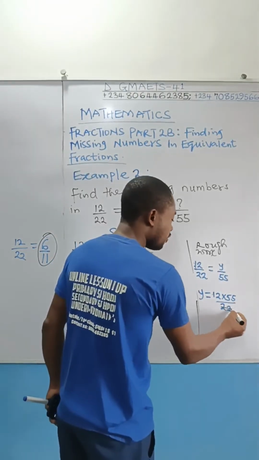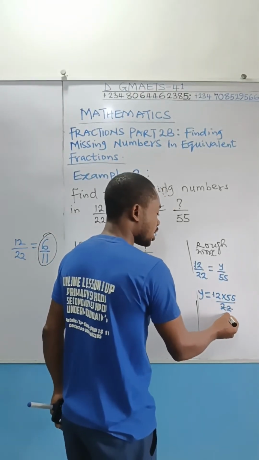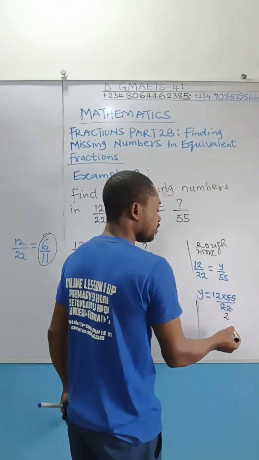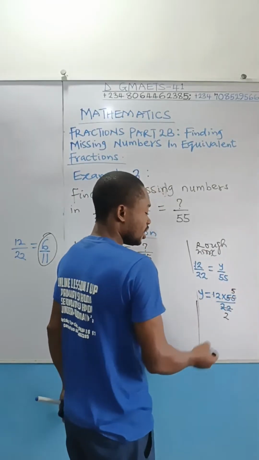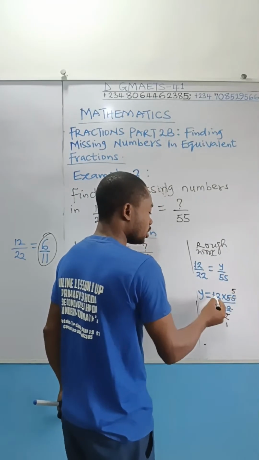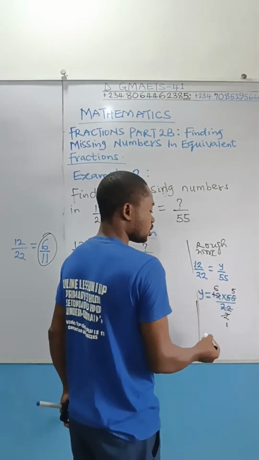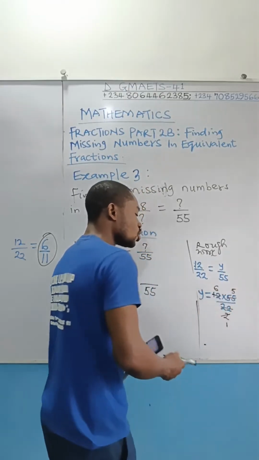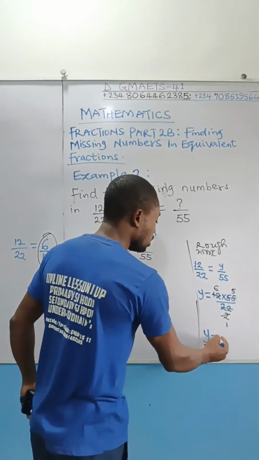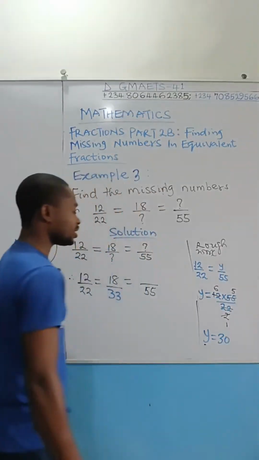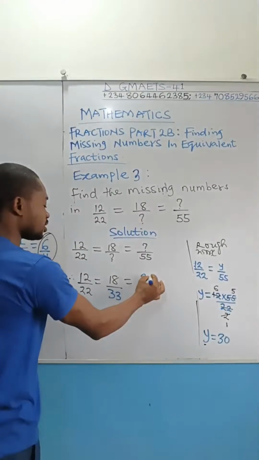So here, 11 will divide this 22, you will get 2. 11 will divide 55, you will get 5. Then 2 will divide 2 to give you 1. 2 will divide 12 to give you 6. You now have 6 times 5, so that the value of the unknown, the missing number, 6 times 5 is 30. So here, this is 30.